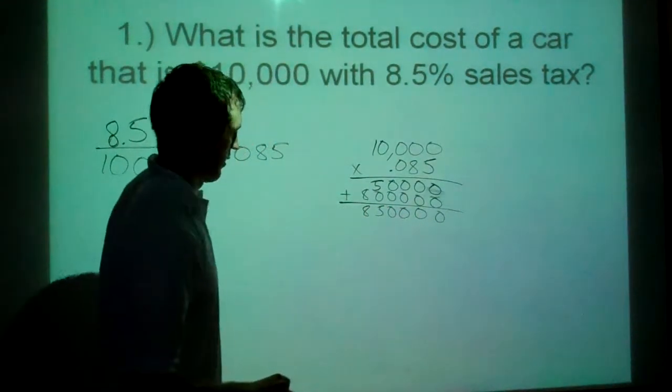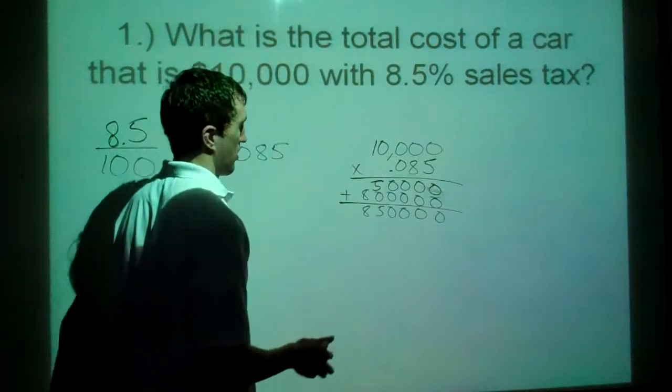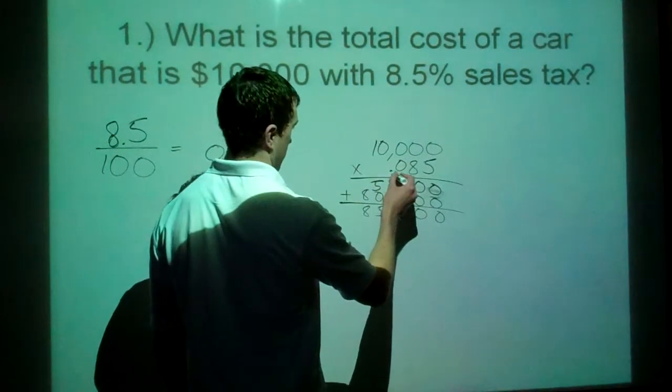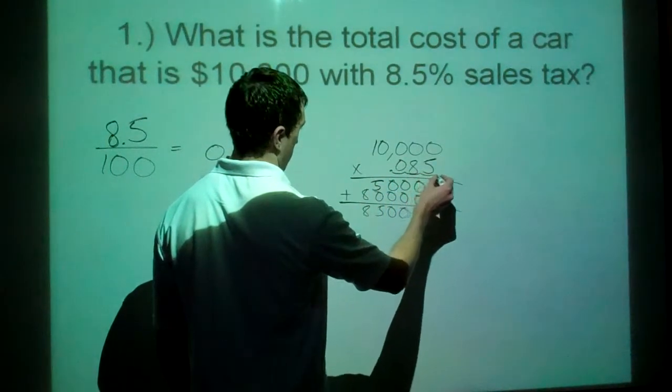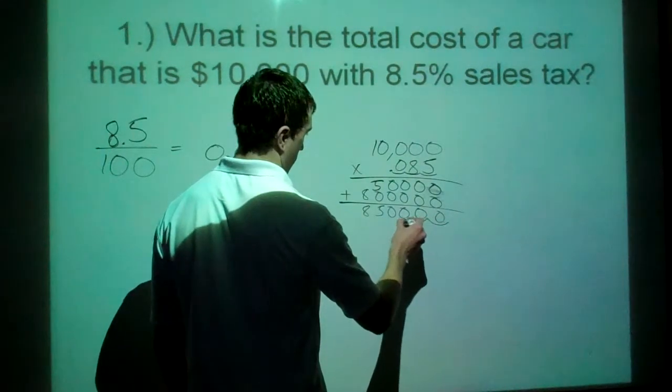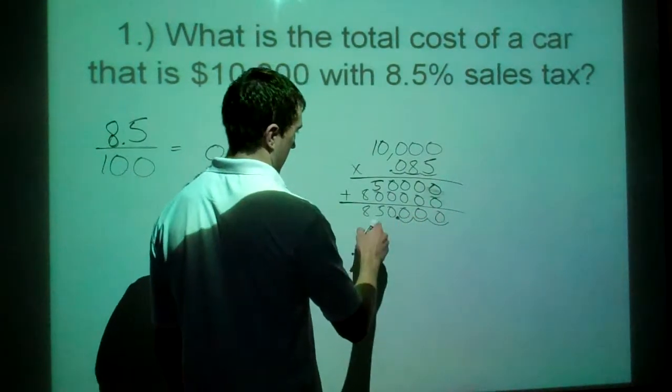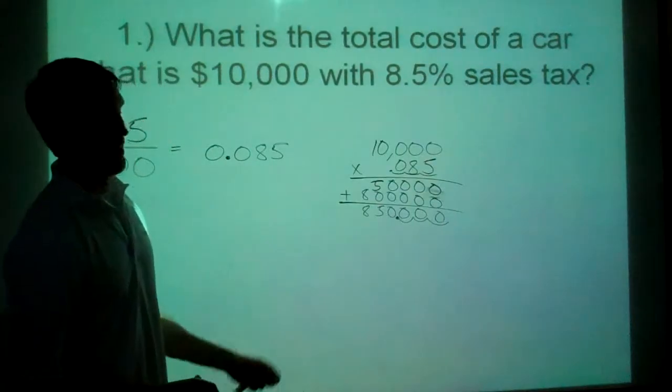Looks like we get 850,000, but we actually don't. We have to count how many decimal spots back we have to go. So 1, 2, 3, 1, 2, 3. We're at $850.